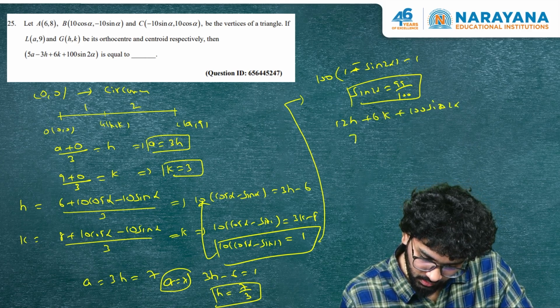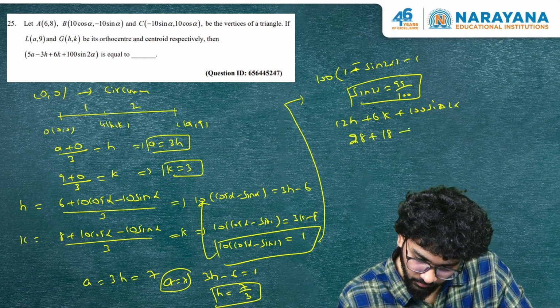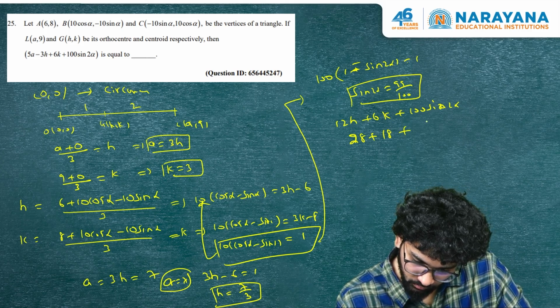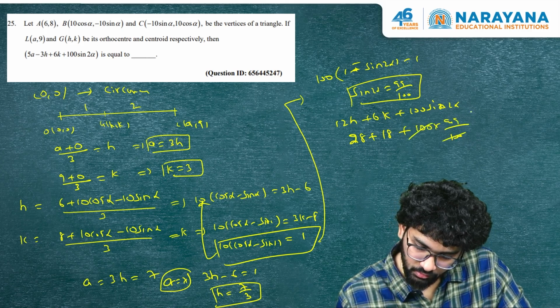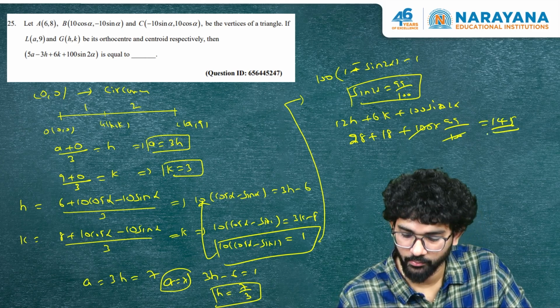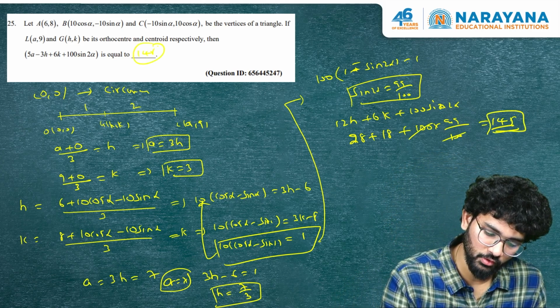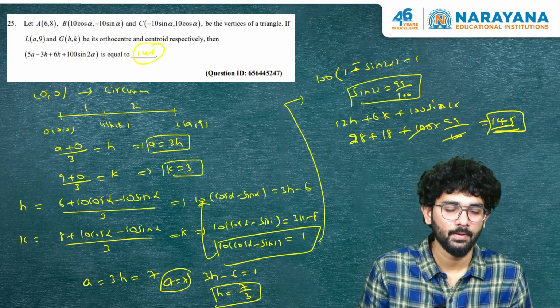So 12H is 7 into 4, 28. 6K is 18, plus 100 sin 2 alpha is 100 into 99/100, which is 99. So this is equal to 145. So the answer to the given question is 145. So with this we have completed all 25 questions. Thank you everyone.